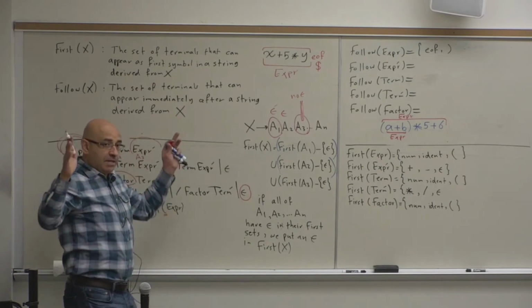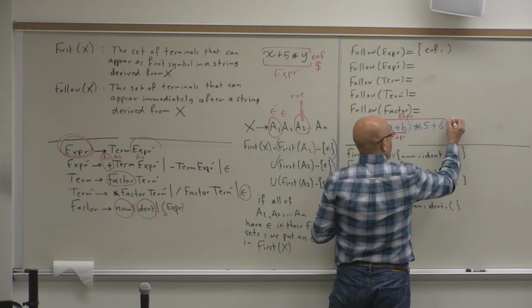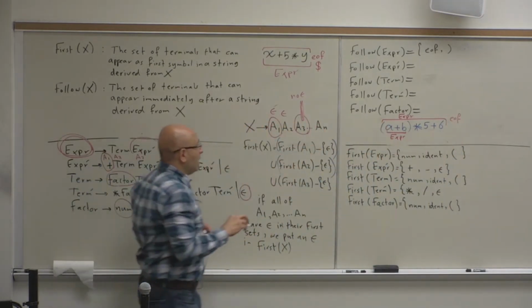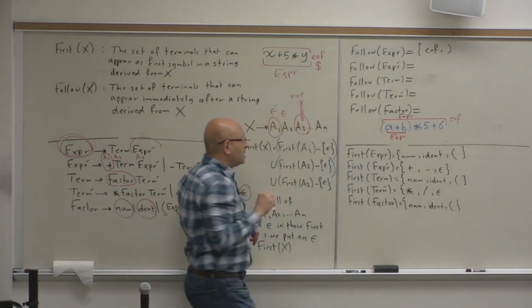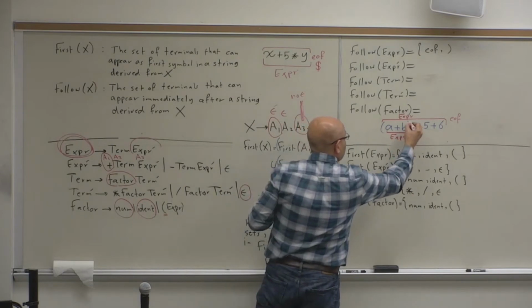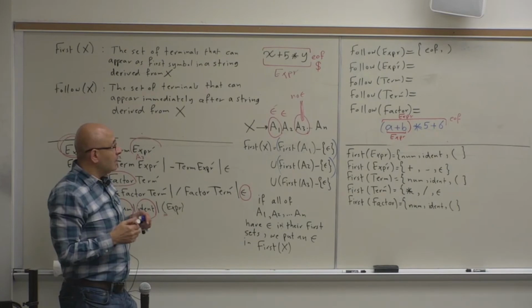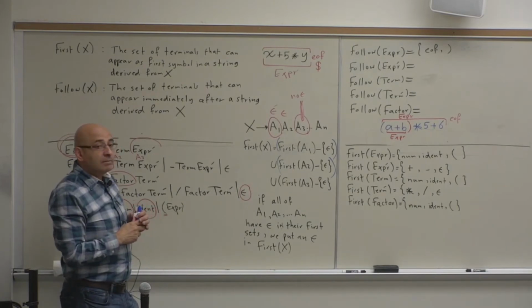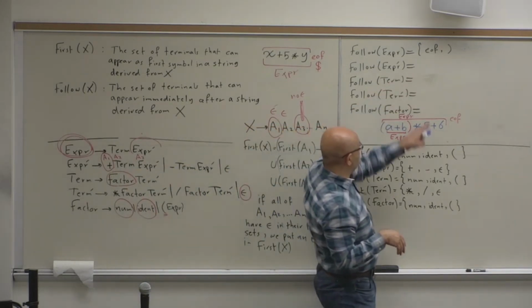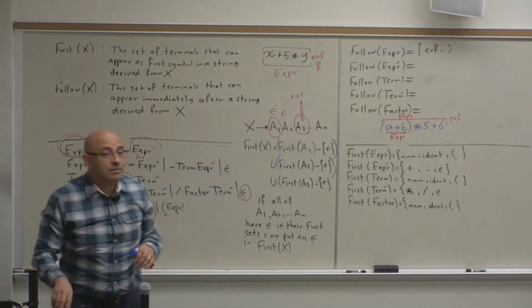So the big expression is followed by end of file, and this small sub-expression is followed by closed parentheses. So there are two possibilities, depending on whether it's the big expression or a sub-expression within the big expression.